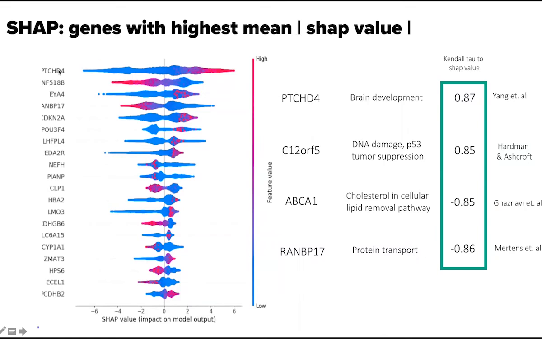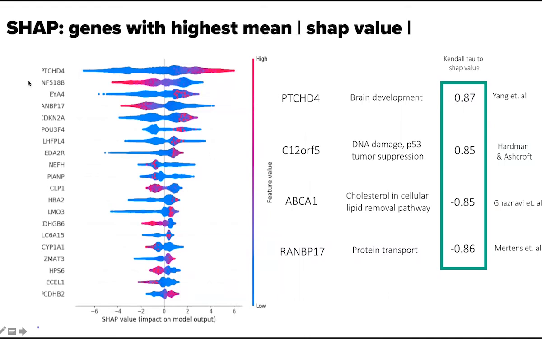We also can see that this gene, for example, is a pro-aging gene, because when it has low expression value, it has a low impact on age, but when it has high expression value, it also has a high positive impact on age, so it forms age positively.